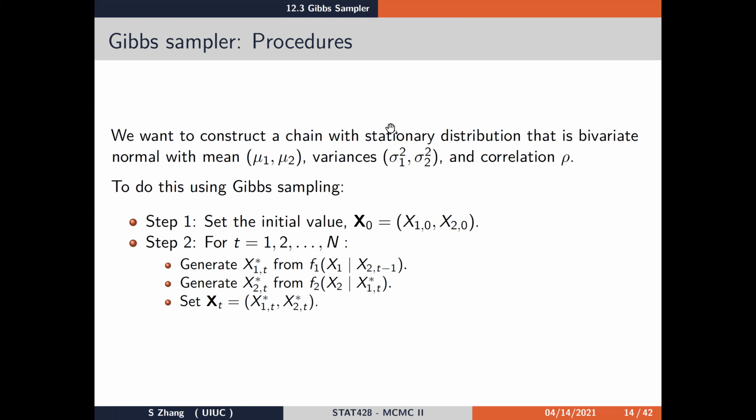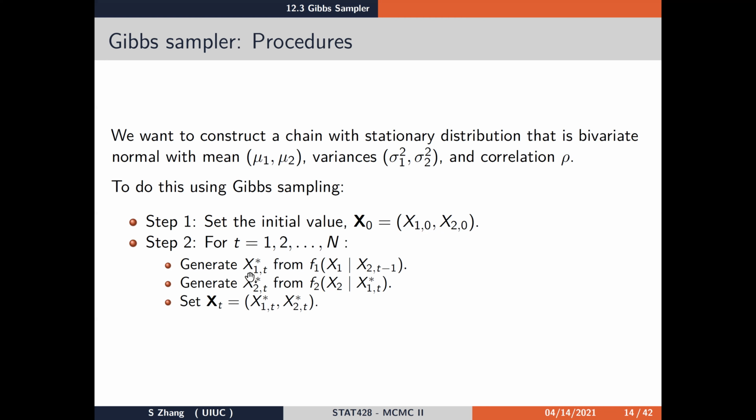In other words, the stationary distribution is bivariate normal with mean mu1, mu2, variances sigma 1, sigma 2, and correlation rho. To do this using Gibbs sampling, we first need to initialize x. Let's set x0, which is equal to x10 and x20, to some particular initial value. In each subsequent step, we will first generate x star 1t.